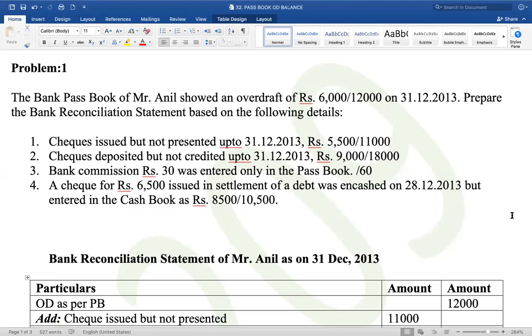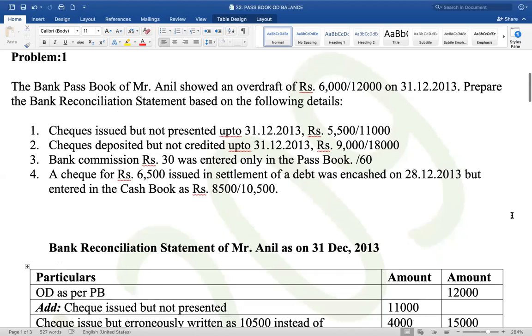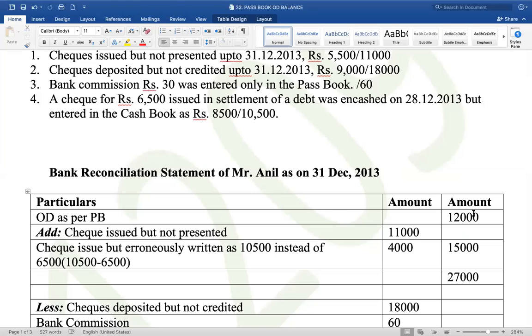When check is issued, what happens to your overdraft? Increases. It is increased by whatever check you are issuing. So 12,000 plus 6,500 will be the overdraft. That much only he has recorded, but the cashier recorded this 6,500 as 10,500.